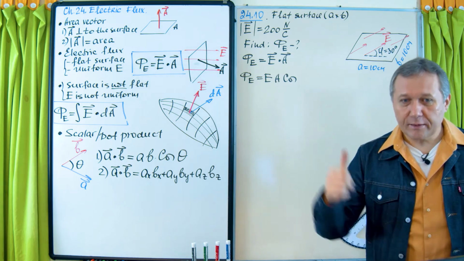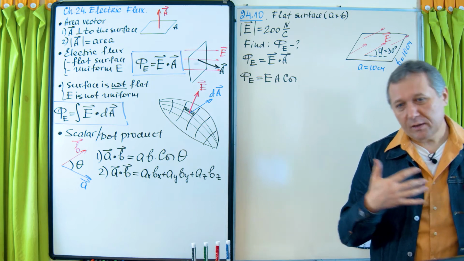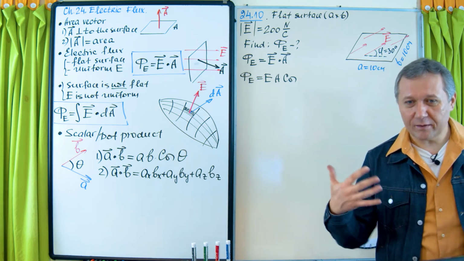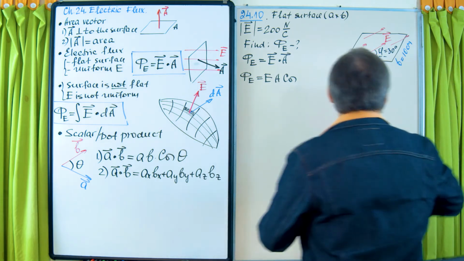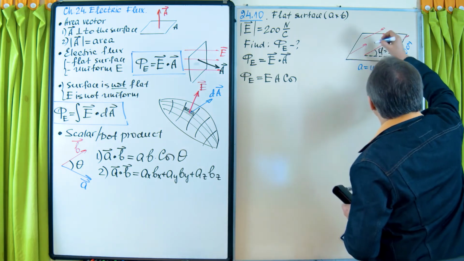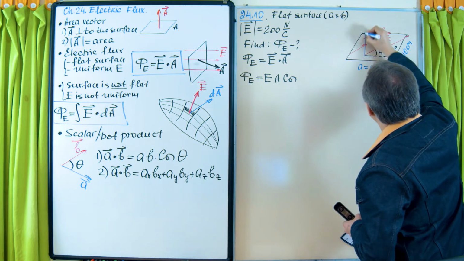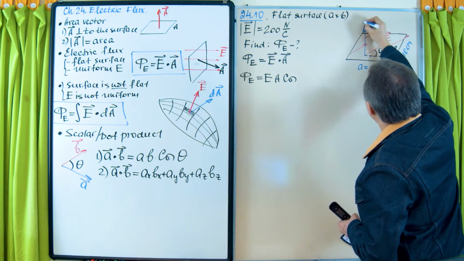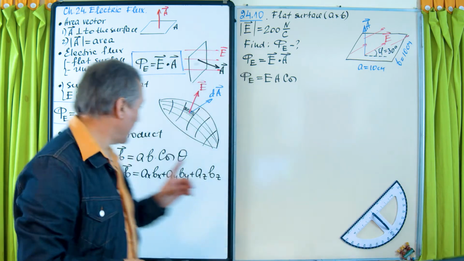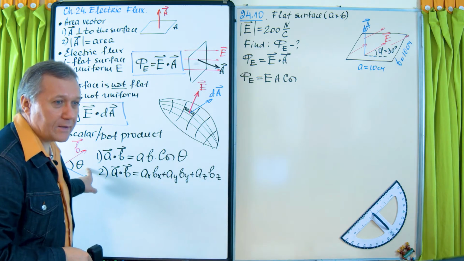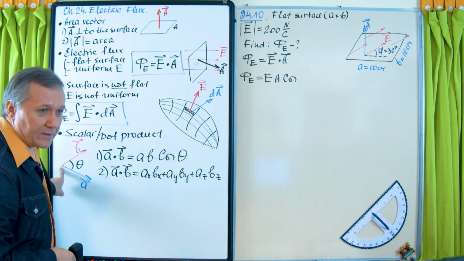In order to see that, let's also draw the area vector in the picture, because without that vector, it's more difficult to see which angle is the correct one. So probably I will use blue. The area vector must be perpendicular, so it will go just straight up. This will be my area vector A. Now we need to recall how we can find the correct angle between two vectors. Their tails must be at the same point.